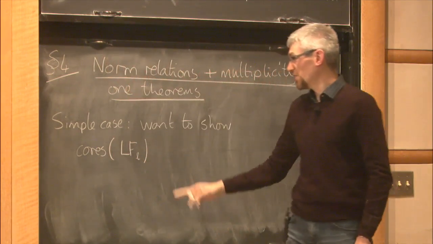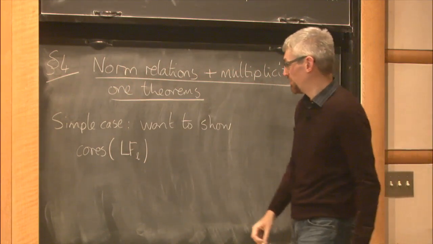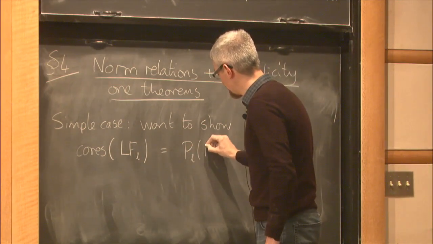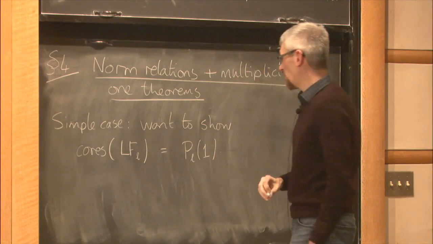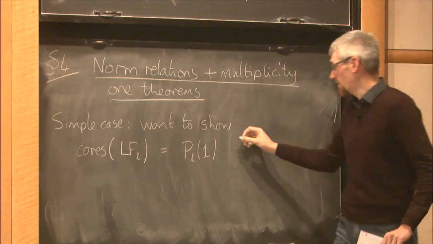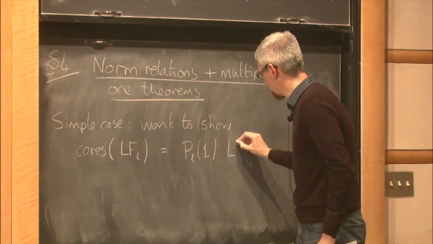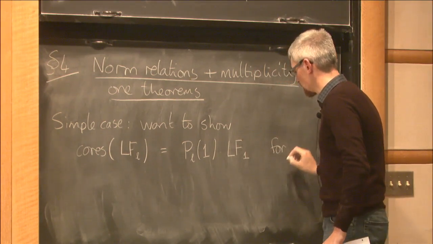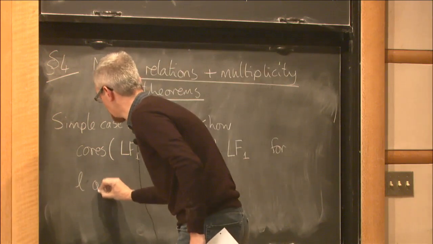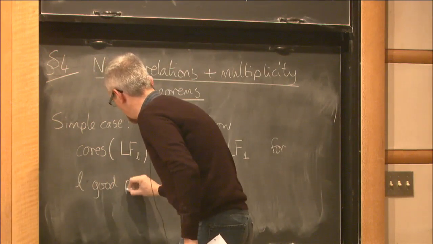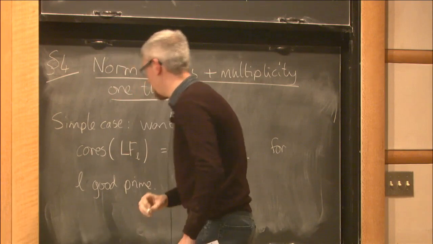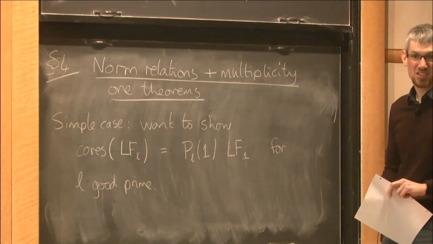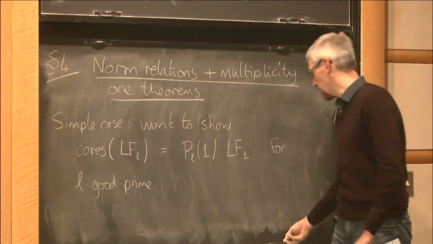So I want to show that the co-restriction of the element for m equals L is the appropriate Euler factor times the element for m equals 1. And here L is a good prime, which means it doesn't divide the level of the Siegel modular threefold on which all of this is taking place.